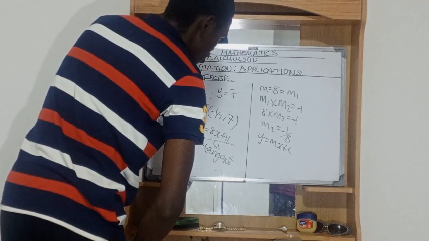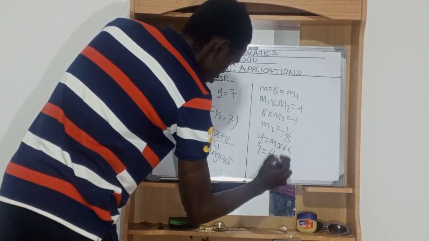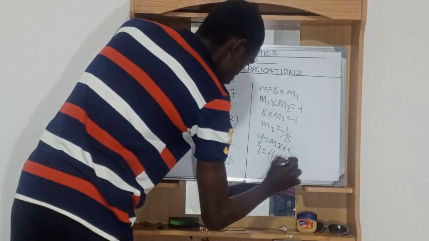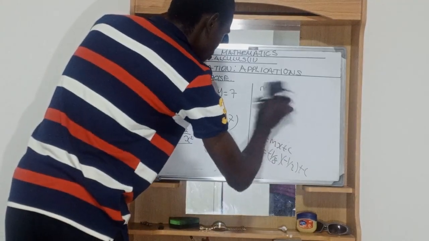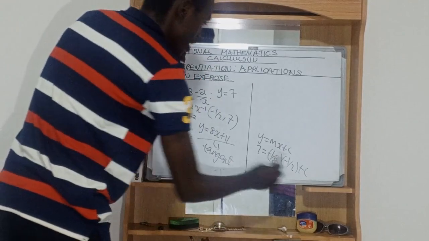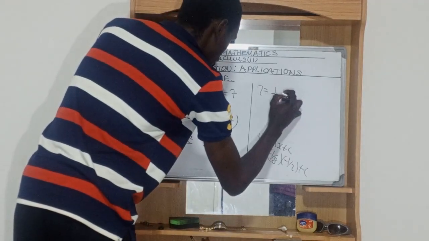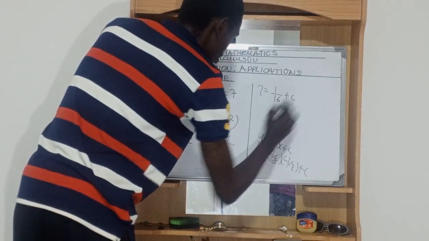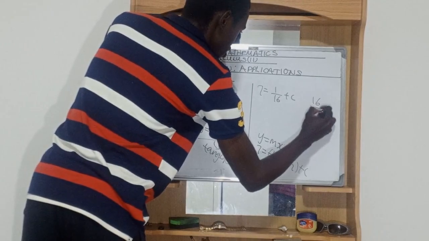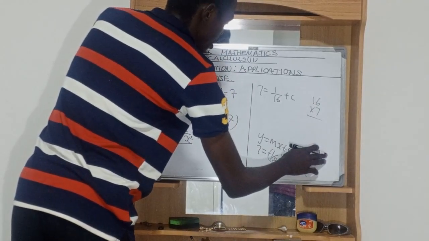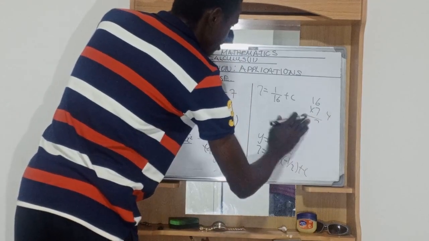And then the y-coordinate: positive 7 is equal to negative 1/8 multiplied by negative 1/2, plus c. We can clean up to create more space. We multiply the numerators and the denominators, so 7 is equal to positive 1 over 16 plus c. We can express 7 as a fraction: 16 times 7 is 112, so it's the same as writing 112 over 16.